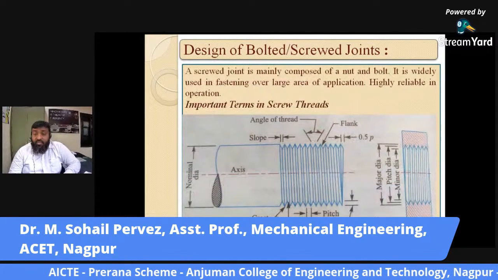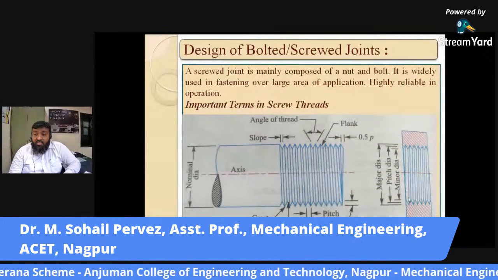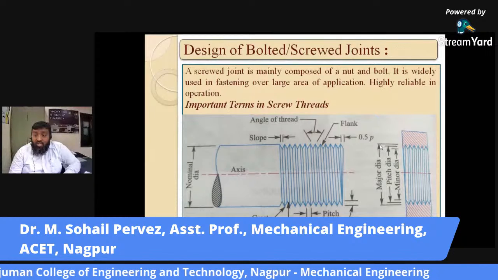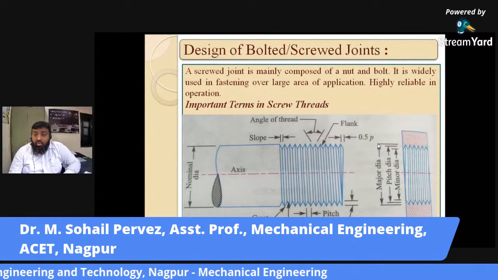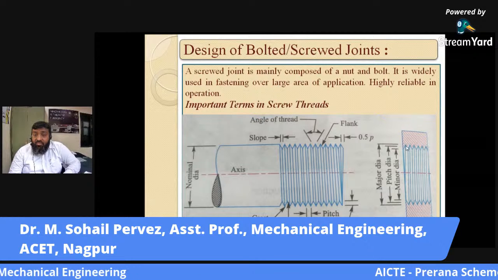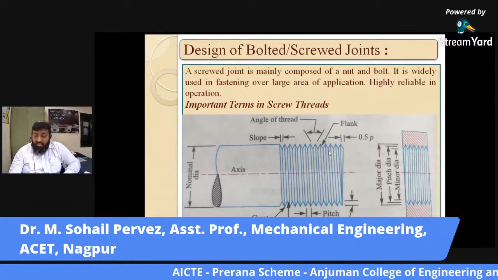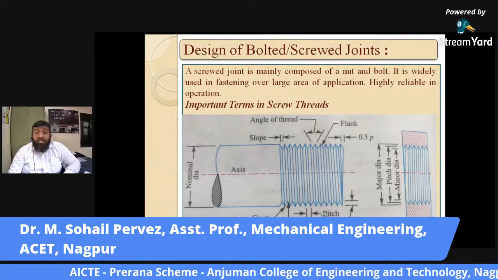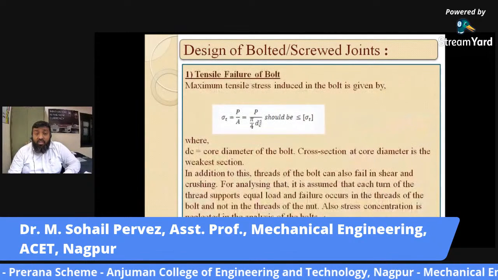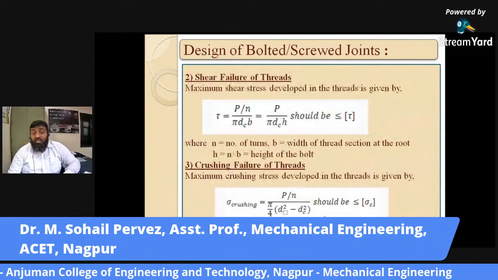This is generally known as DO or DO minus DC, the effective diameter, which is supposed to be taken into consideration when the crushing occurs.